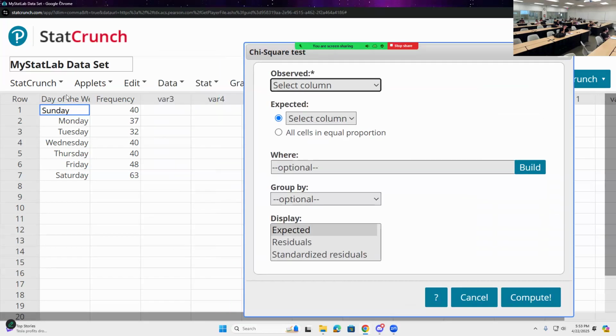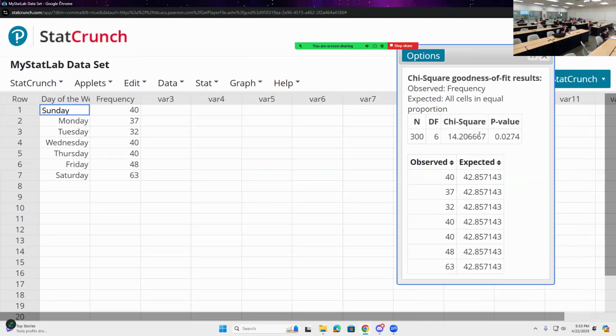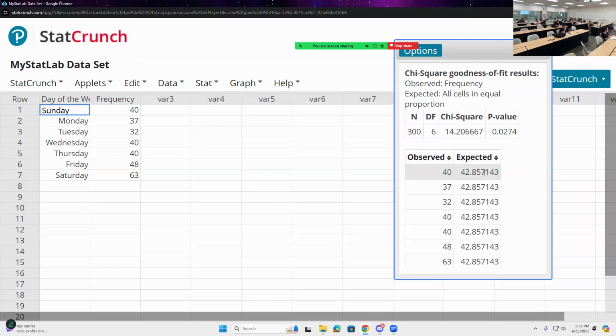It looks like our observed values are in the column that says frequency. And then I'm gonna say all cells are in equal proportion, which saves me from having to type all that. If you do, it actually will tell you what the proportion or the expected value is. You don't even need to get out a calculator if you do it smart.